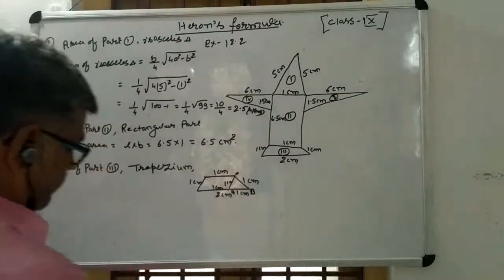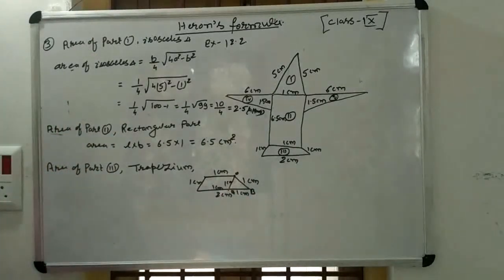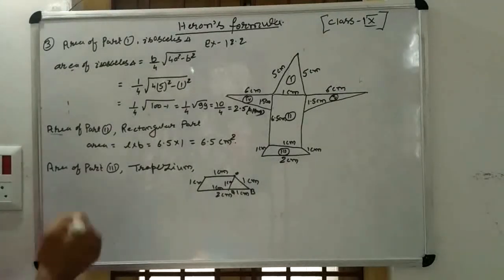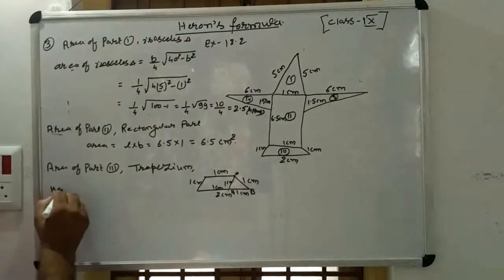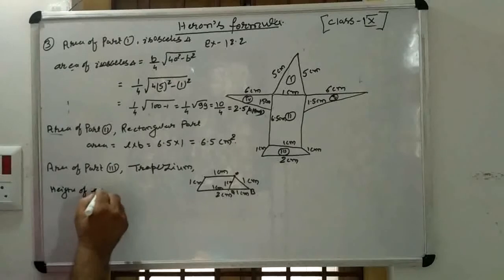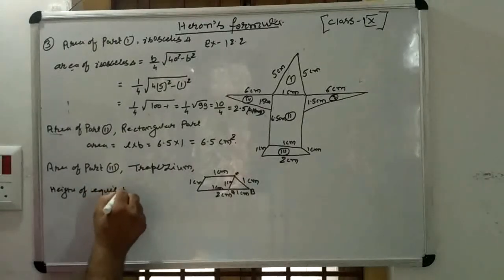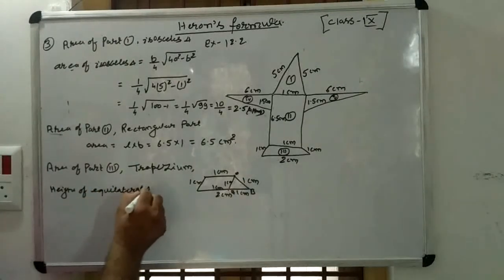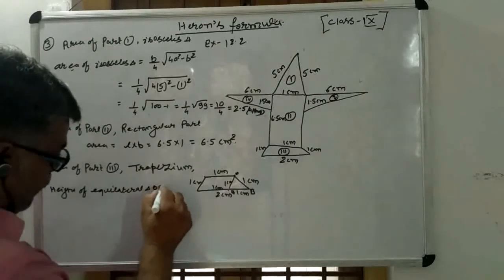Now OAB, the altitude, the height of equilateral triangle OAB. First you calculate the height of equilateral triangle OAB.